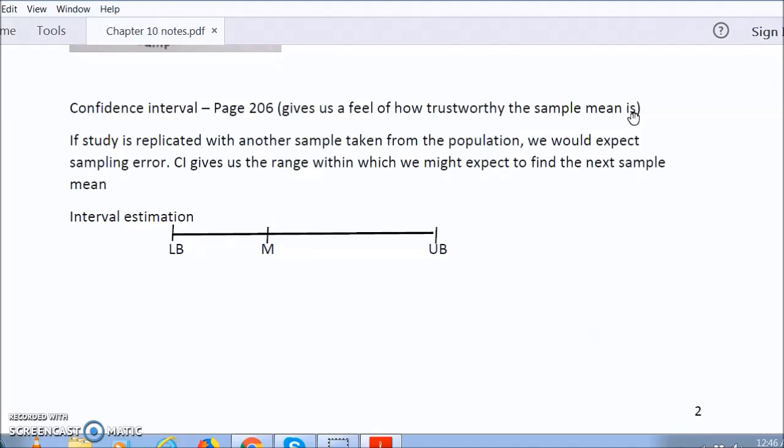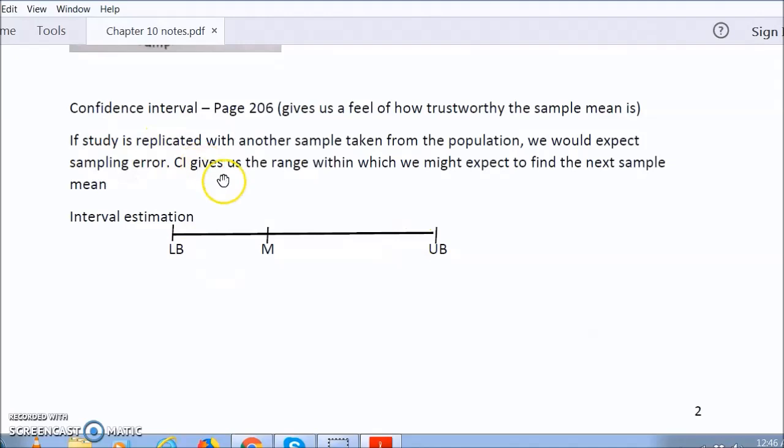So this is about the different samples that you are taking from the same population. That's when you get your lower bound and the upper bound, which basically means that if you extract another new sample from the population and you calculate the mean and all those things, it should lie within the range.